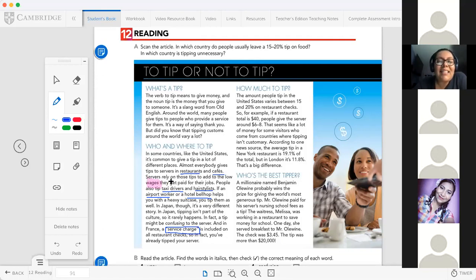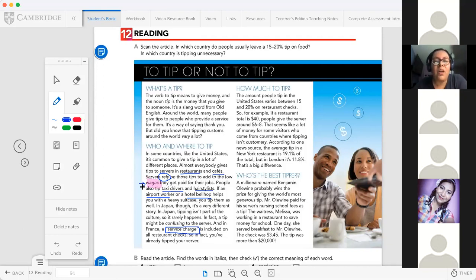All right, and it says that servers rely, which means depend, on those tips to add to the low wages. Wages is very similar to salary, okay? So as I was explaining before, tips are very important because servers depend on those tips to increase their very low salaries.